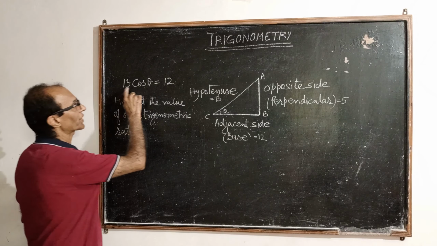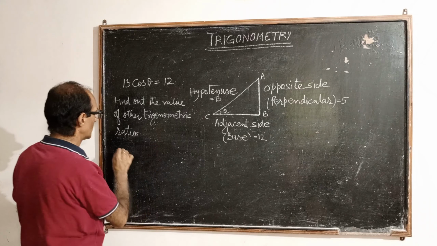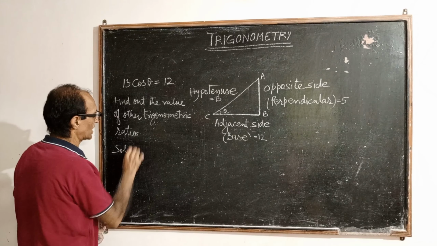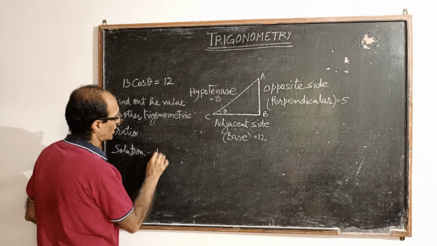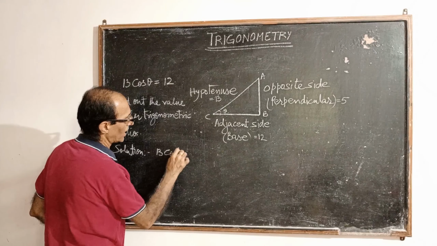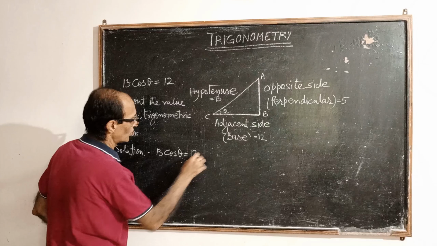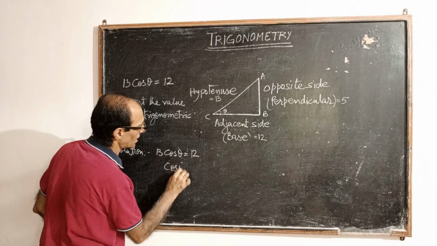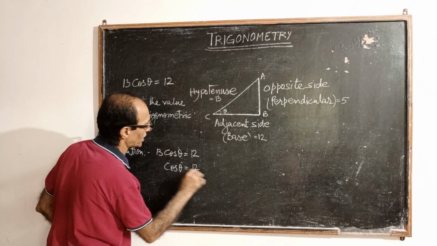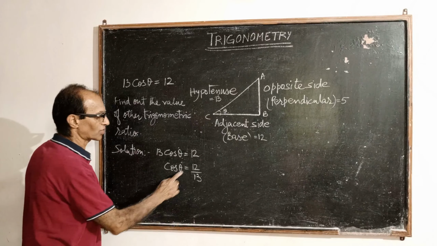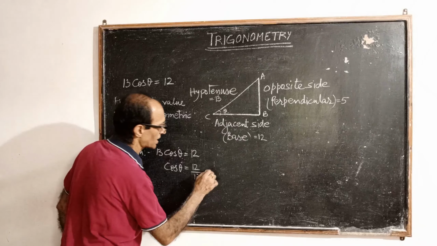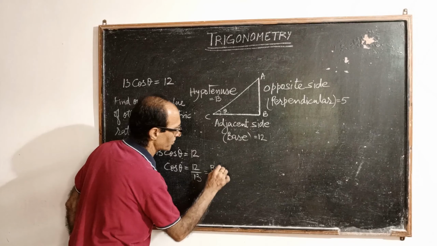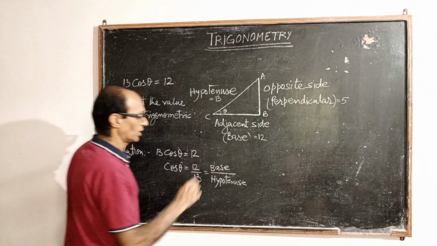We are given 13 cos theta is 12. So that means cos theta is equal to 12 upon 13. Cos theta is 12 upon 13. That means it is base upon hypotenuse.